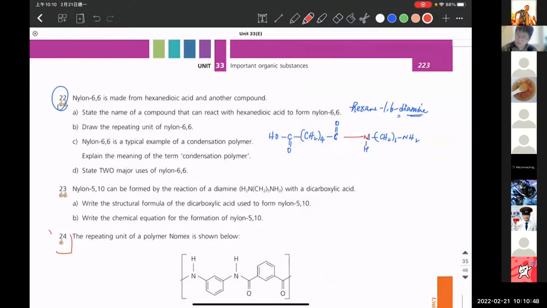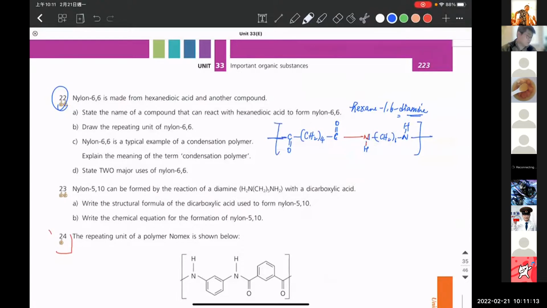How about at both ends? As said before, I remove OH here, and also here, what have I removed? It is just NH2, right? I remove one H. So I remove H here, and I remove OH on the left-hand side.